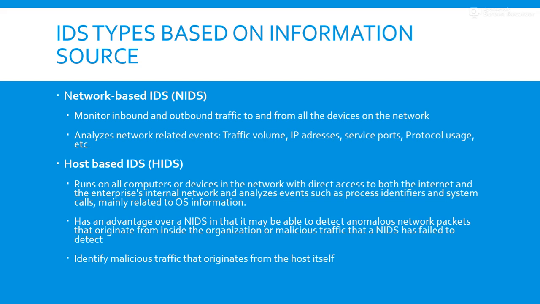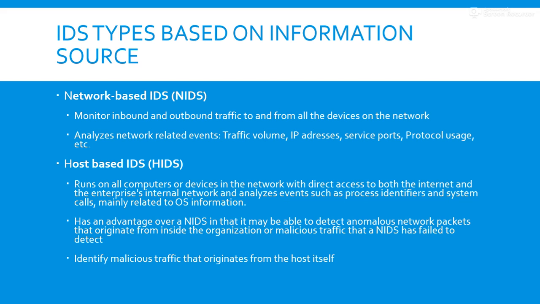As I mentioned earlier, IDS are used to detect suspicious behavior of attackers before they do real damage to a network. They can be either network based or host based.